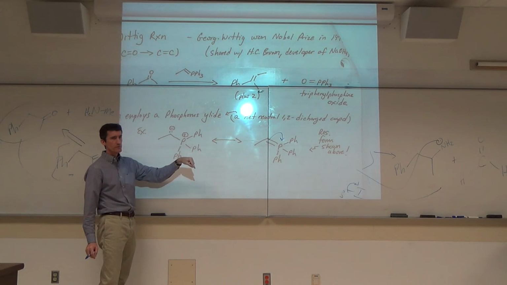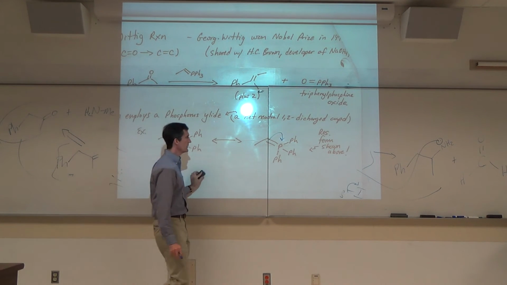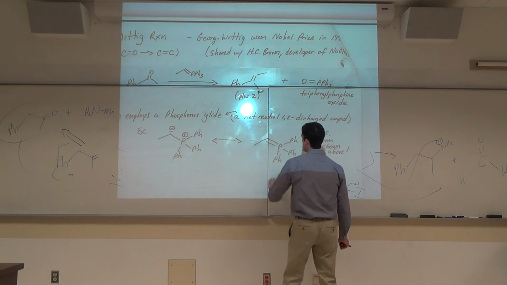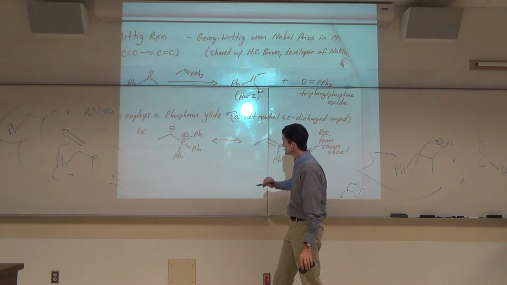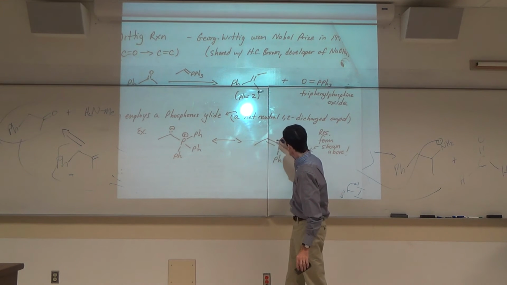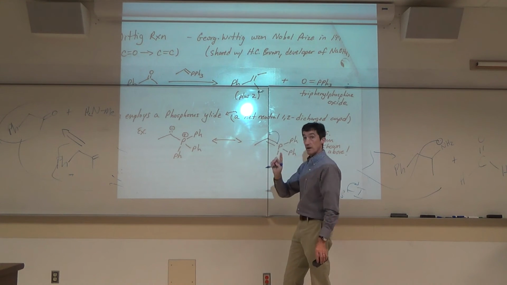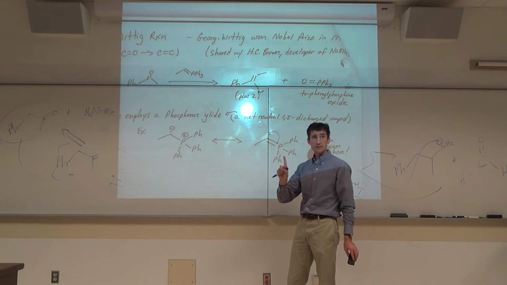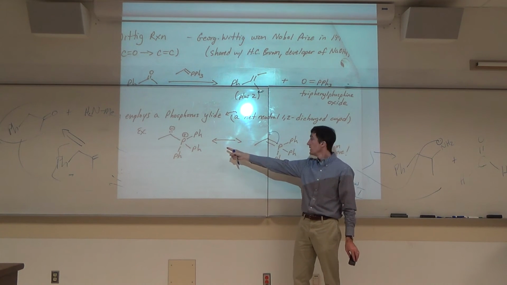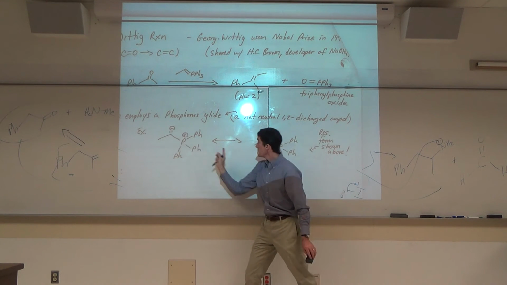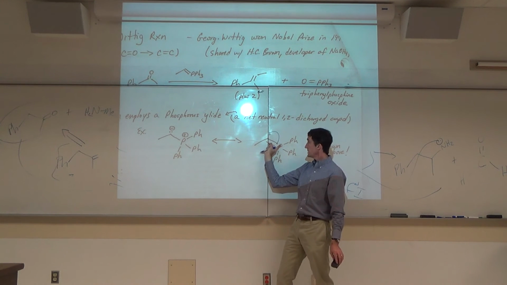That would put a lone pair on phosphorus. Actually moving it the wrong way, so my dipole really doesn't make sense. That's why it's better to start over there. To go that way, we'd have to move them here. But very importantly, I hope everybody recognized how my arrow was wrong. My arrow movement would not give that. If I want a lone pair on the carbon, I've got to move the pi electrons onto carbon.